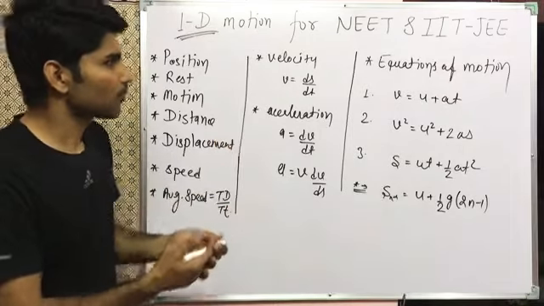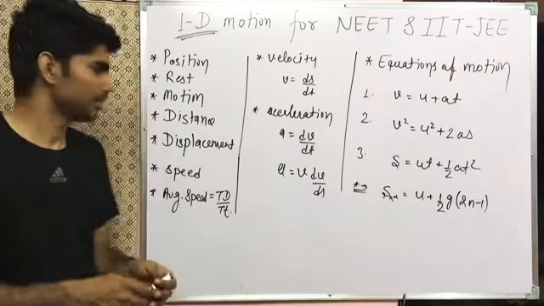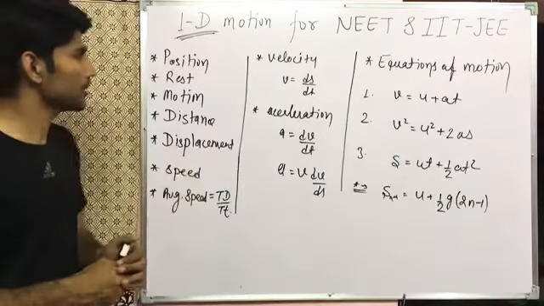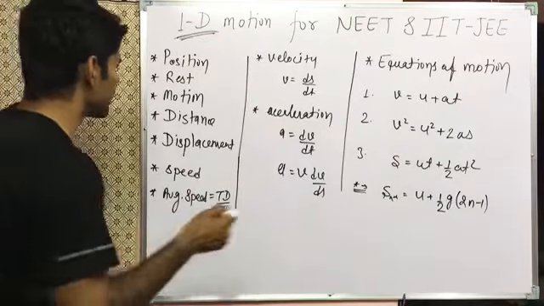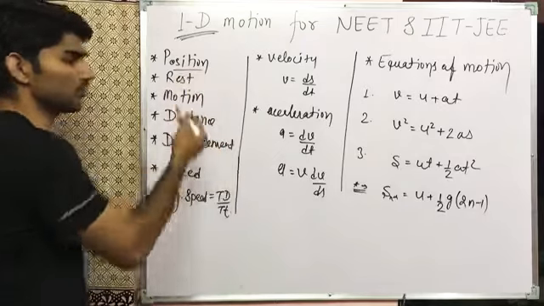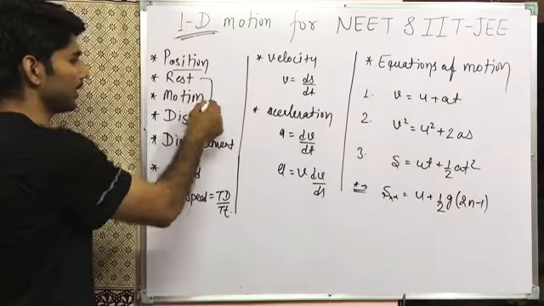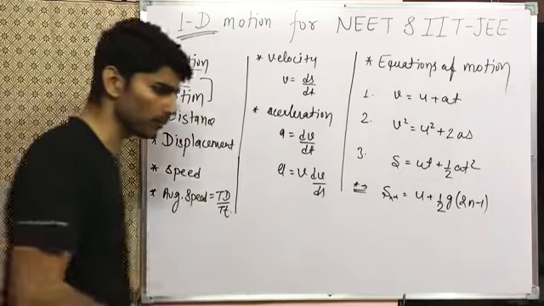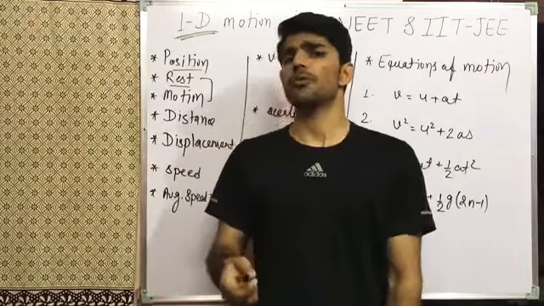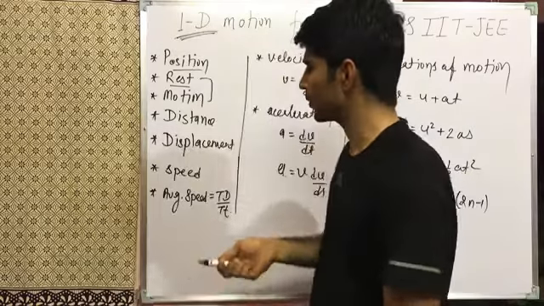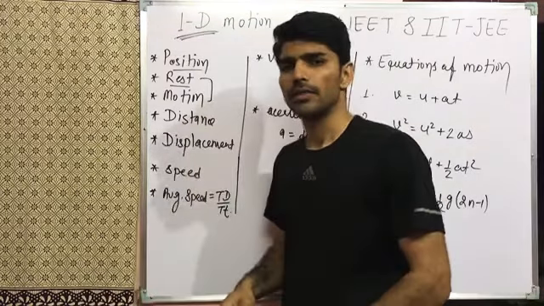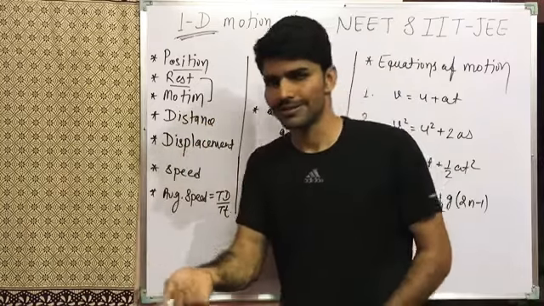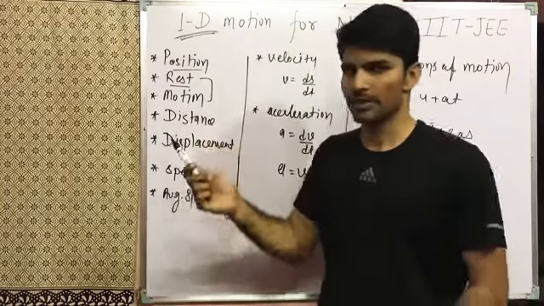So, which type of questions are mostly asked in NEET and IIT JEE? Here, these are the basics of 1D motion. In this, we discuss the position of any object and the state of any object. The rest state is when the position of an object is not changing with respect to time and surroundings, and motion is when the position changes with respect to time and surroundings.